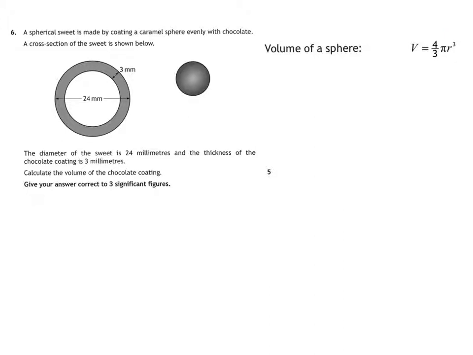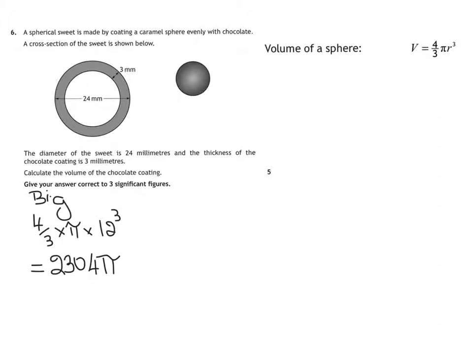Right, so what information do we need? We're going to do the big one first. So let's have a look. The dimension we're given is 24. That's the diameter. What do we want? We want the radius. So we need to half that to get our radius.